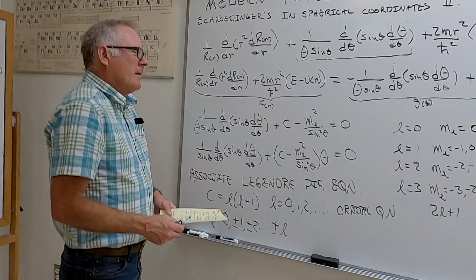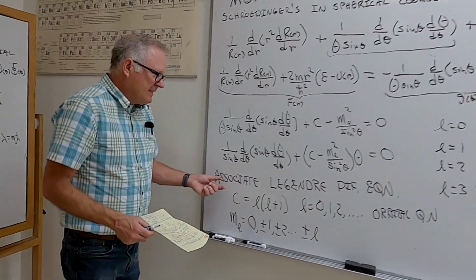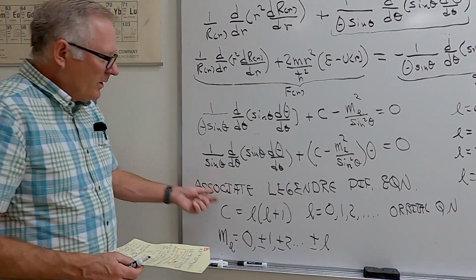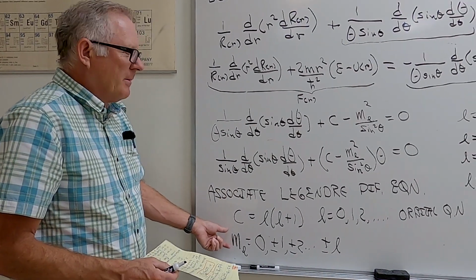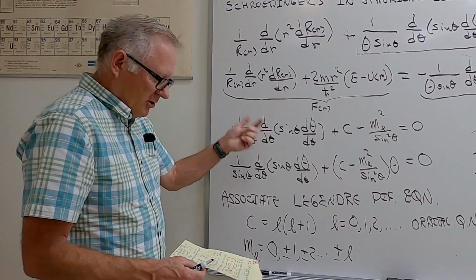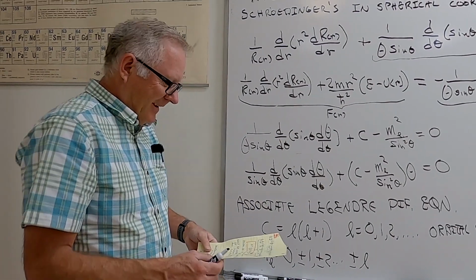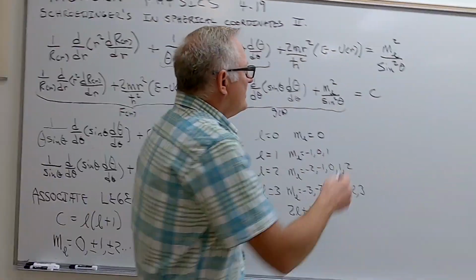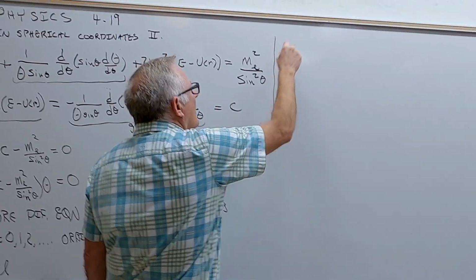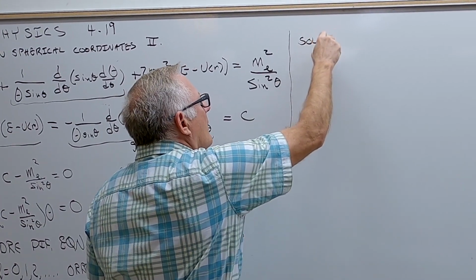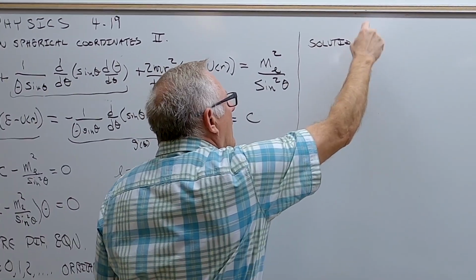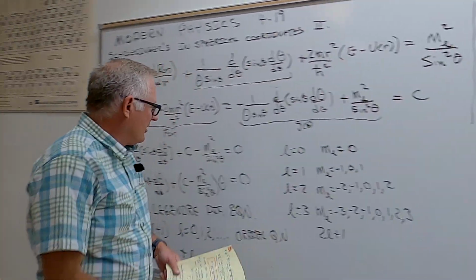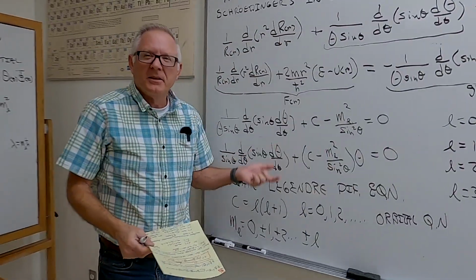Okay, so this tells you the differential equation and what C can be and what m sub l can be, but what are the solutions for theta? Well, the solutions are a bunch of polynomials.